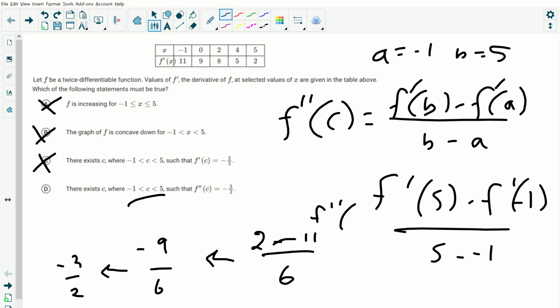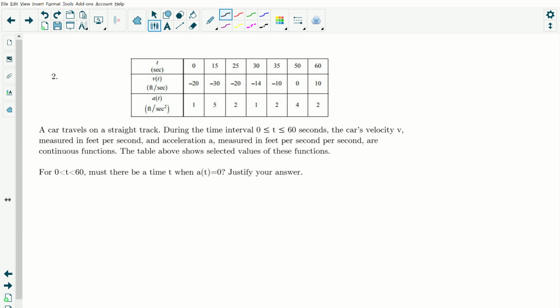Sure enough, that is exactly what choice D is saying. This is true provided our function f prime is differentiable, then the mean value theorem will hold true. If f is twice differentiable, then certainly f prime is differentiable, and thus the answer must be D.